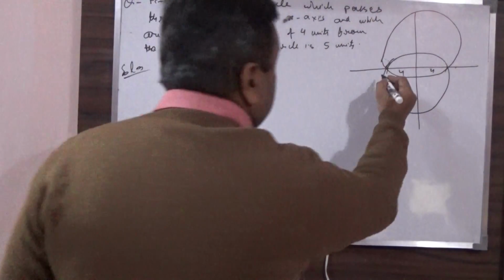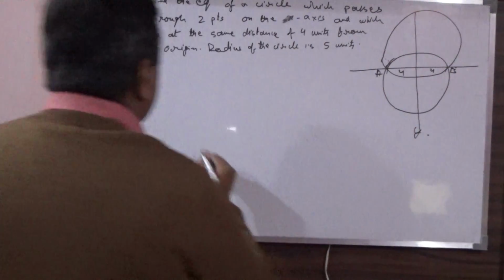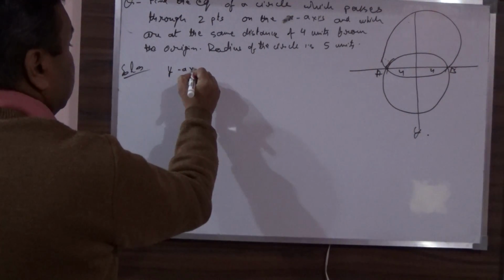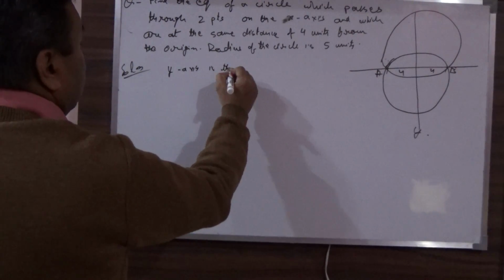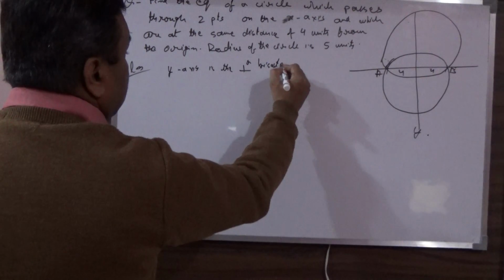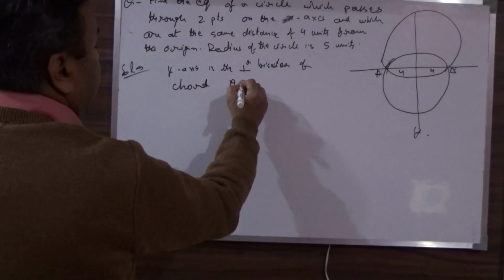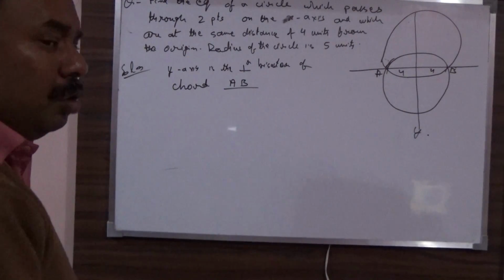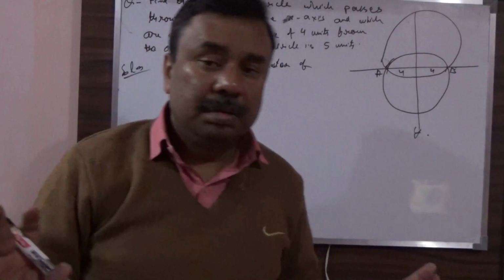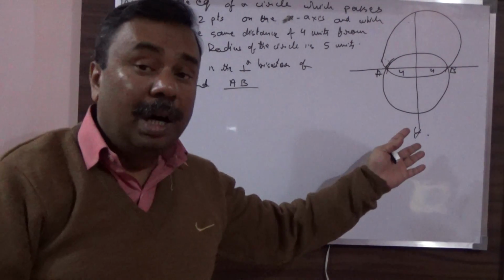If I take this as point A, this is point B, and this is your y-axis, then the y-axis is the perpendicular bisector of chord AB. I don't know whether AB is passing through the center or not. I am just assuming, because a diameter is also a chord.